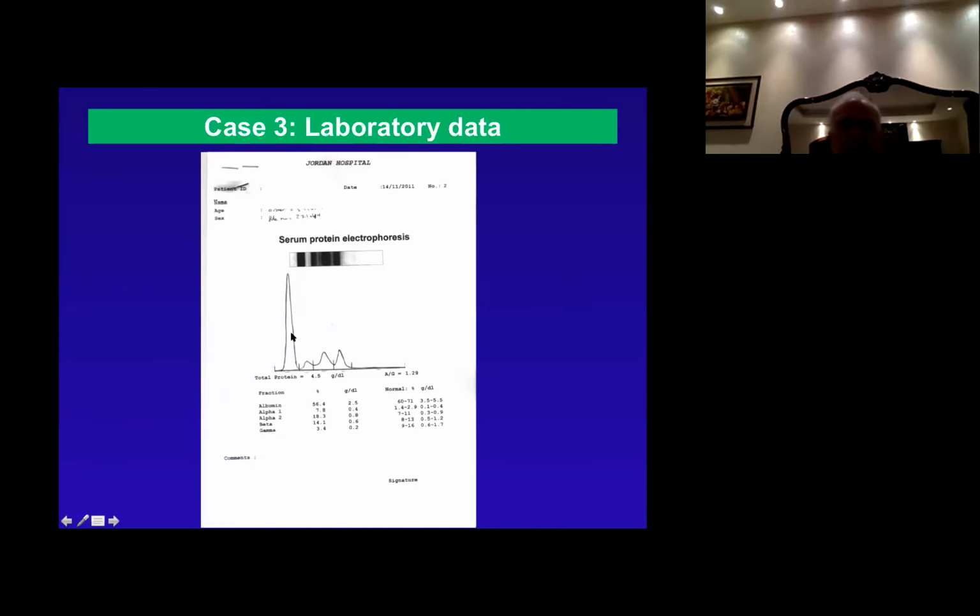This is the serum protein electrophoresis. That's albumin, alpha 1, alpha 2, beta, and you see the gamma region. There is nothing in the gamma region. So it's not typical myeloma. We don't have the monoclonal spike.